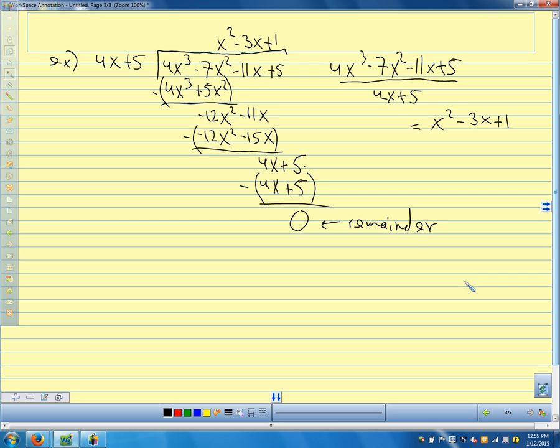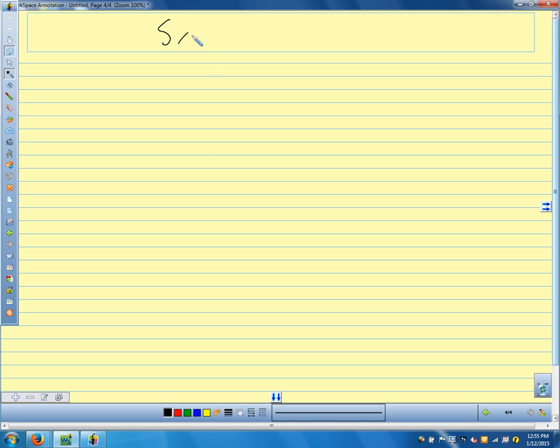Now let's talk about a shortcut for long division. The shortcut only works in certain places, so sometimes we have to do long division. Our shortcut is synthetic division. Not really a shortcut, we just simplify things a little bit.